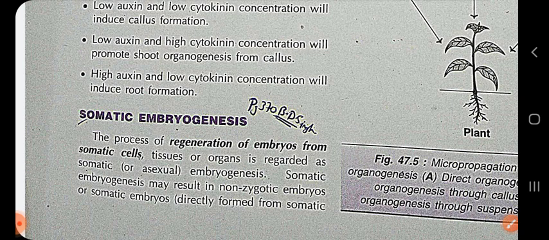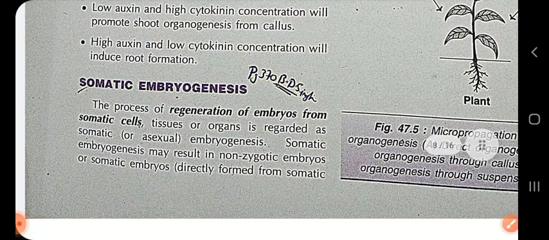So the process of regeneration of embryos from somatic cells, from tissues or organs, is regarded as somatic embryogenesis. Somatic embryogenesis is also a type of asexual reproduction. That's why we have categorized it and it is mentioned in this micropropagation chapter.